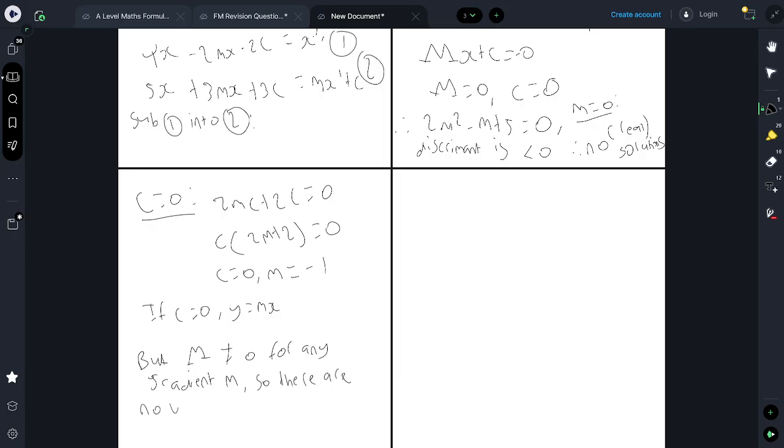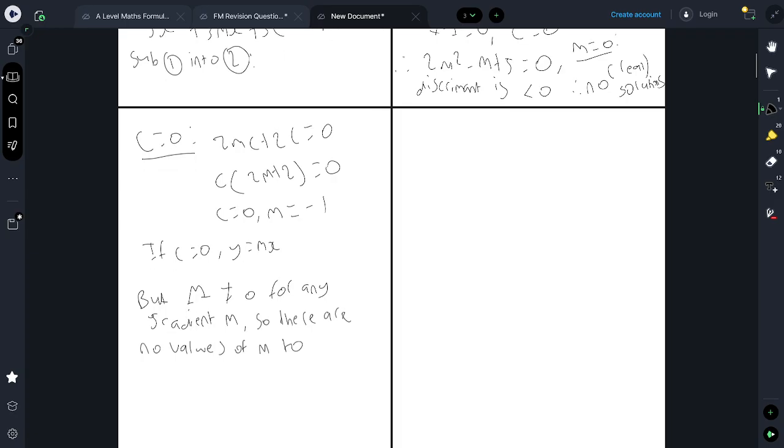So there are no values of m to give an invariant line, right? Well, a line has to have a gradient, so really this is essentially just saying there are no lines, there are no solutions, so there are no invariant lines.